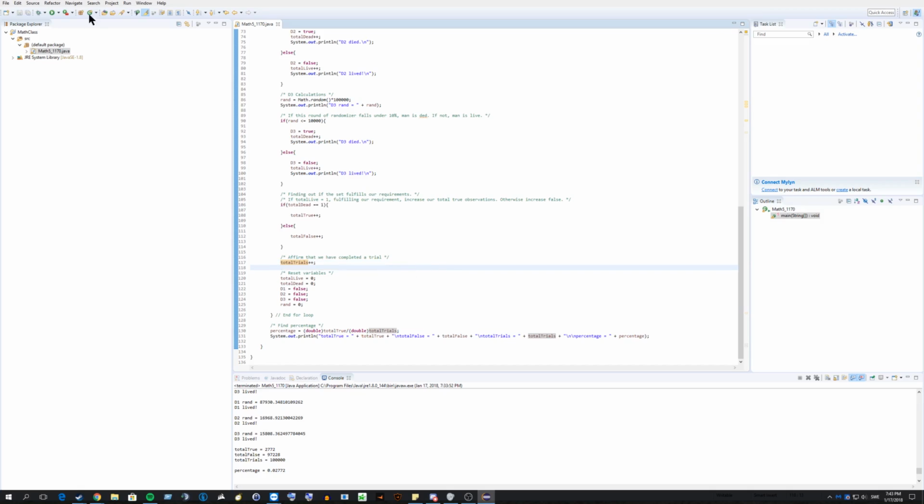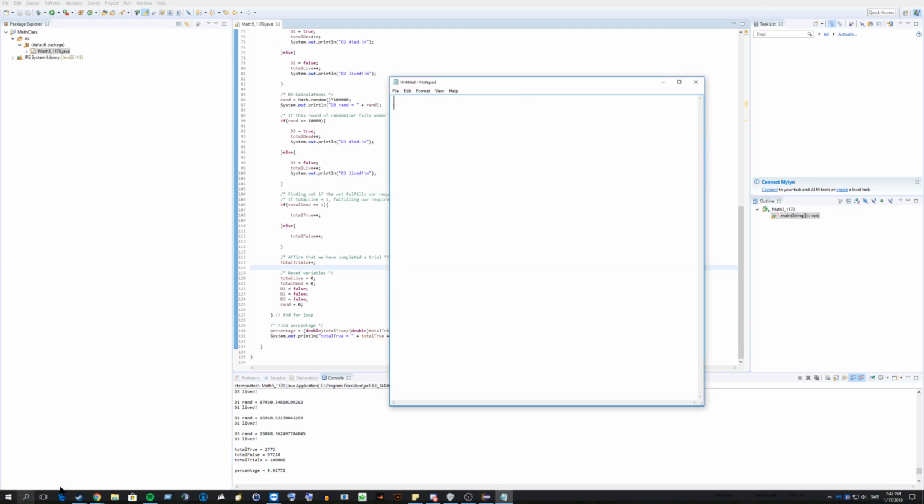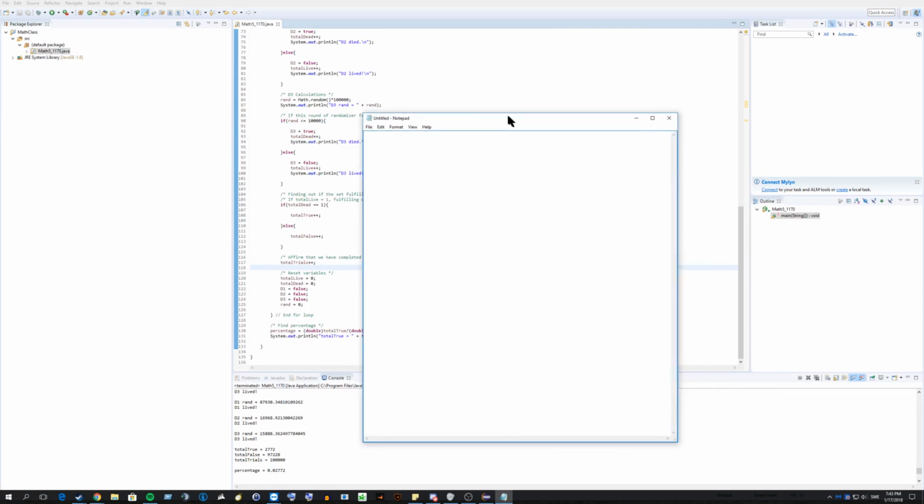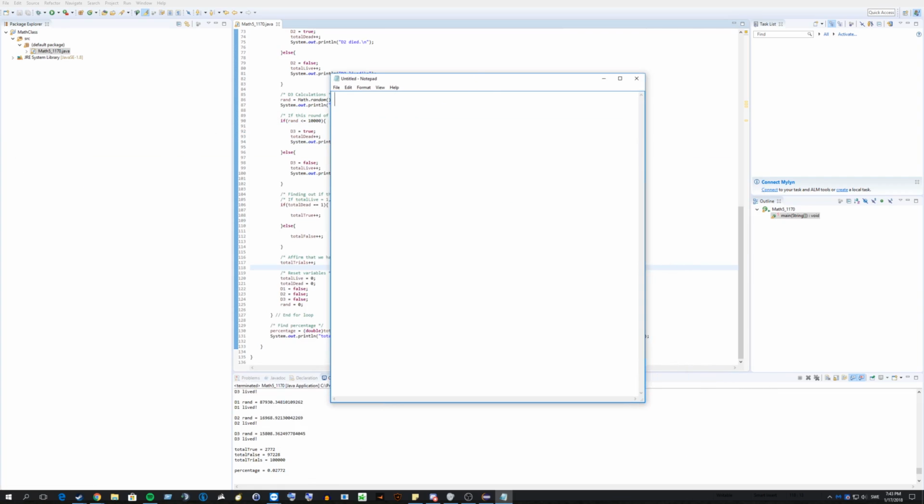So we're going to save and run it, and I've got a notepad. I'm going to write down the results that we get on here. So pass 1, pass 2, 3, 4, 5, 6, 7, 8, 9, 10.